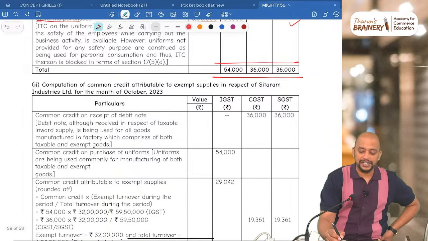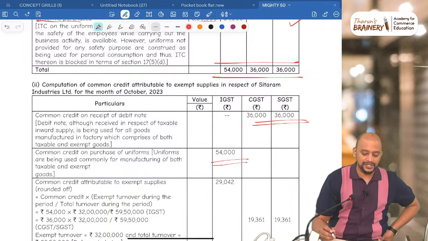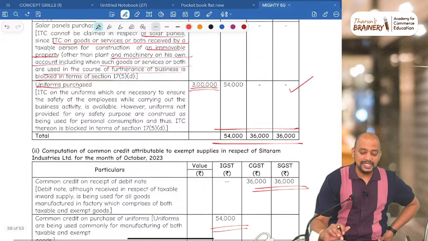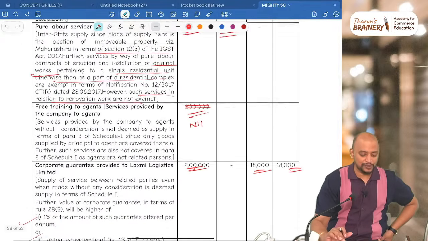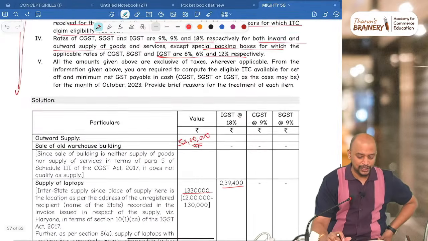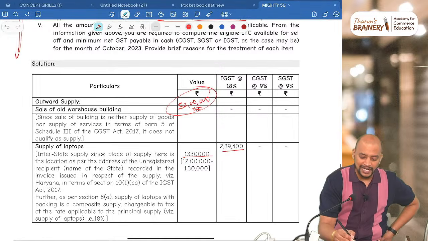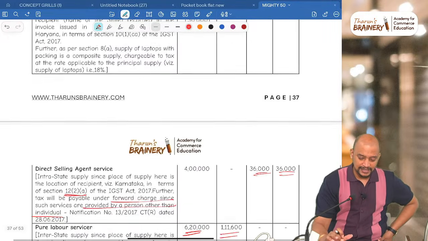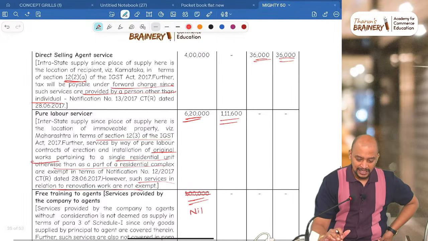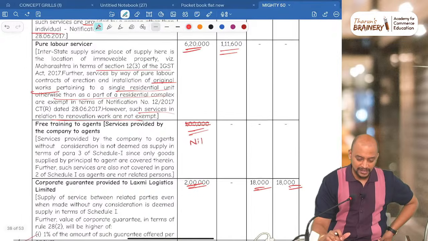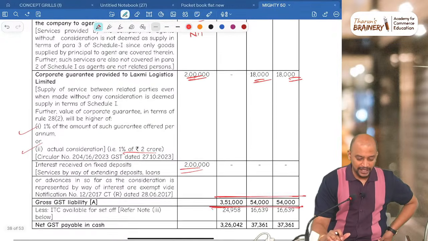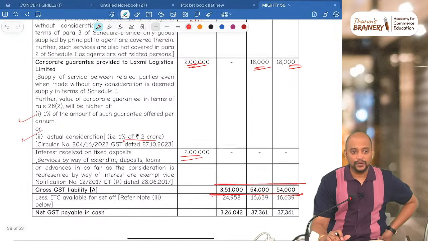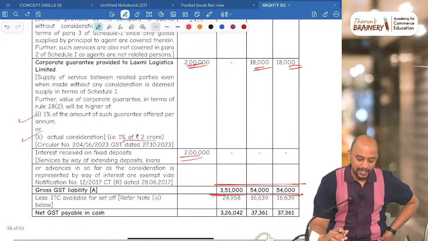So common credit on debit note and uniforms is there. And what is the exempted turnover by total turnover? Can you please tell me the exempted turnover alone? 32 lakhs plus direct selling agent, pure labor, no, only 32 lakhs, correct? Only 32 lakhs divided by total.